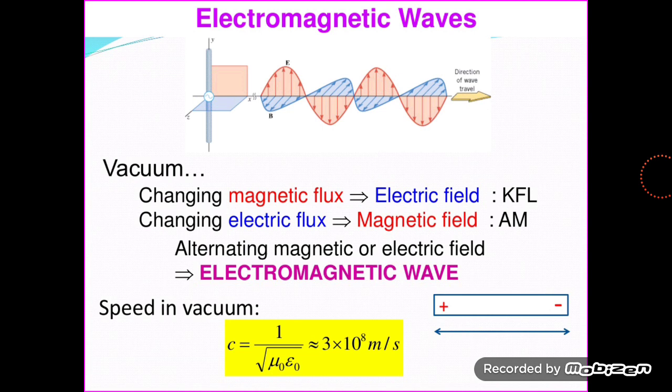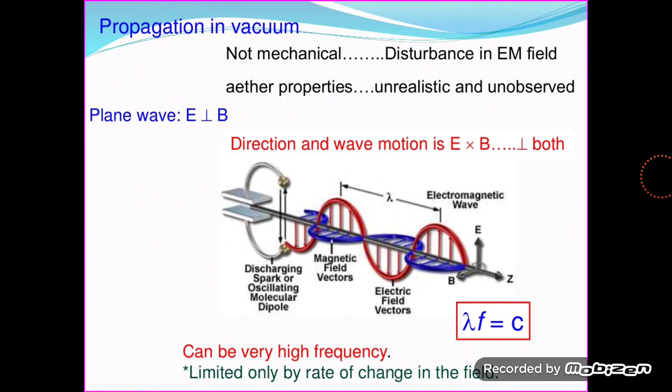So we can say that the electromagnetic wave speed is represented by the symbol c, with value 3 into 10 to the power 8 meter per second. Propagating in vacuum, it is not a mechanical disturbance in an electromagnetic field. Other properties are unrealistic and unobserved.